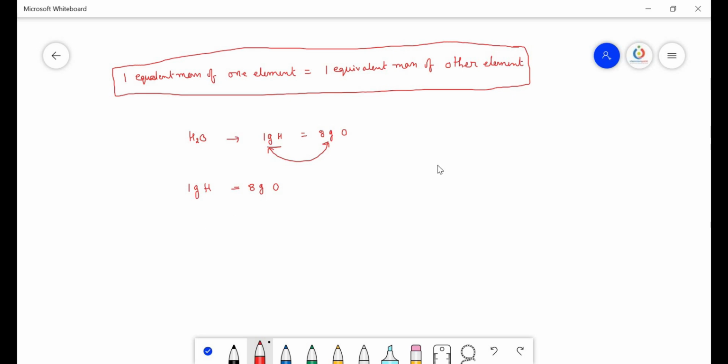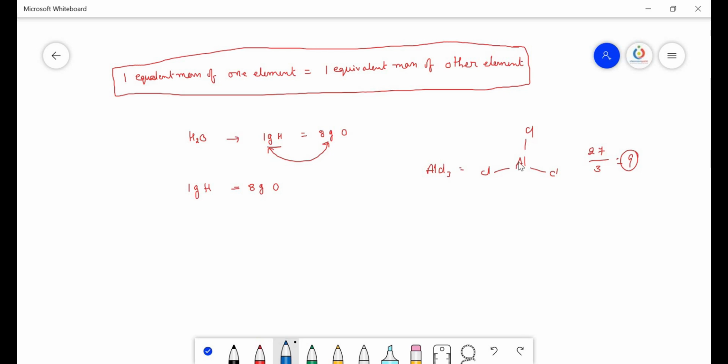Similarly, take aluminum chloride, AlCl3, where 3 chlorines are connected to the aluminum. The atomic mass of aluminum is 27, divided by 3 bonds, so the valence is 3, giving 9 grams.